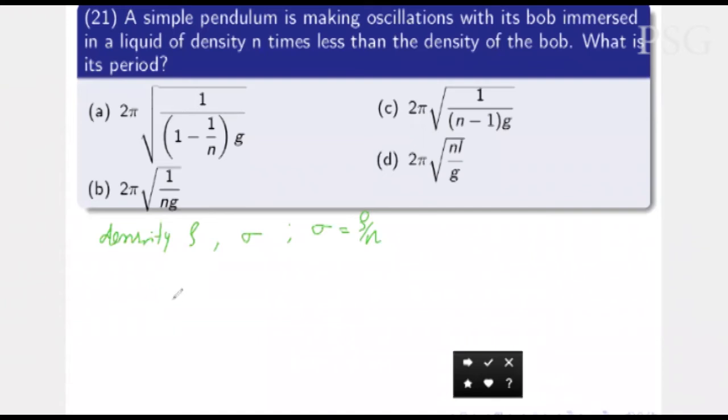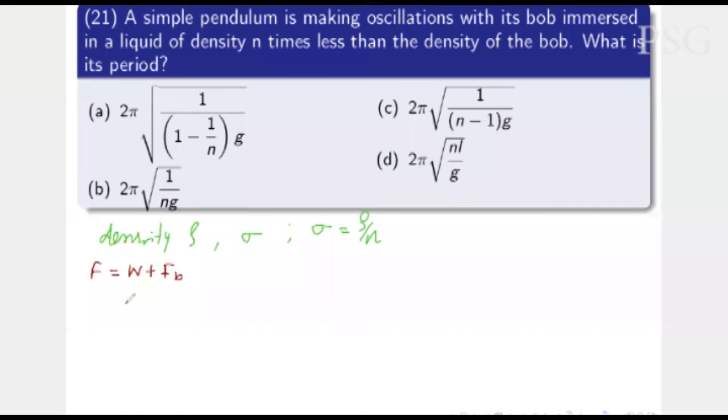See, when a solid body is immersed in a liquid, it will experience a force of buoyancy. Therefore, net acceleration on that body will be different from the acceleration due to gravity. So, the total effective force on this pendulum is equal to weight of the pendulum plus force of buoyancy, but this buoyant force is opposite to weight.